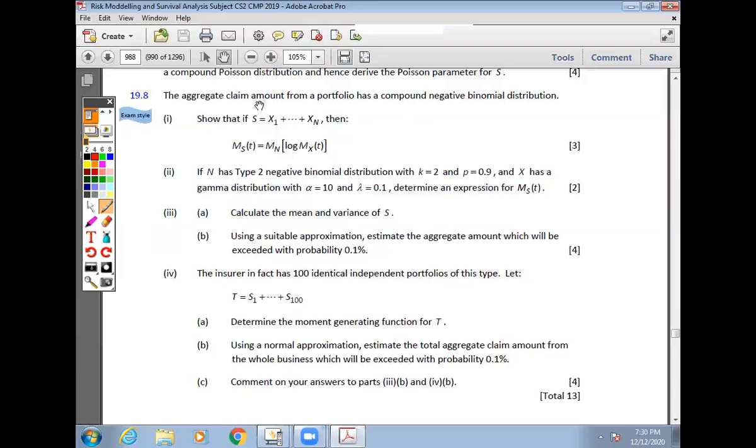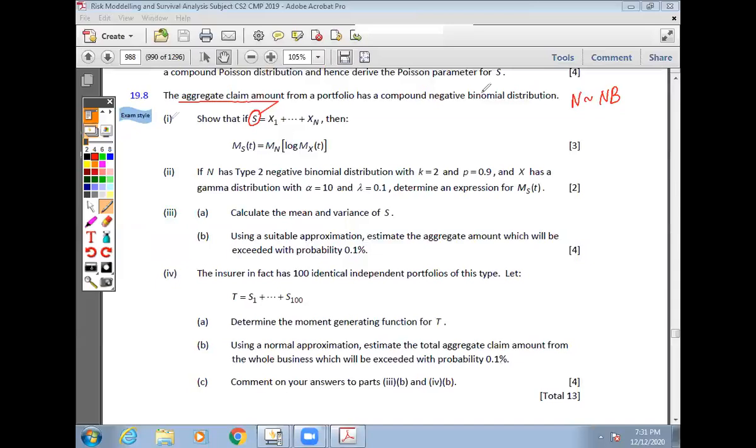Whenever they're talking about aggregate claim amount, they mean S. So my aggregate claim amount is S, which has a compound negative binomial distribution. So what do I infer? I know that my N has a negative binomial distribution, because that is the only time I will observe my S to be a compound negative binomial distribution.